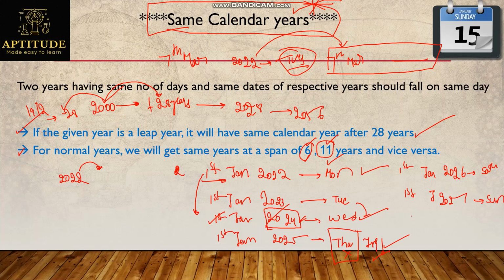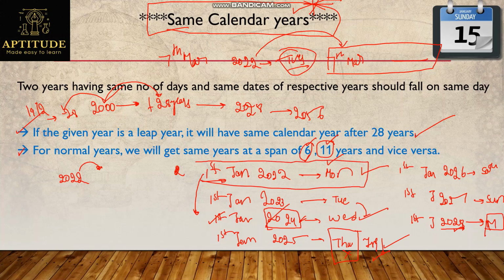So which is not same. And 1st Jan 2028. Yes, now I am getting Monday. Of course, 28 is a leap year, but January will not be affected by a leap year, right? Why? Because after February only the days will be changing. So before that, the days will not be affected. So 2028 1st Jan is falling on Monday, which is same as 2022.